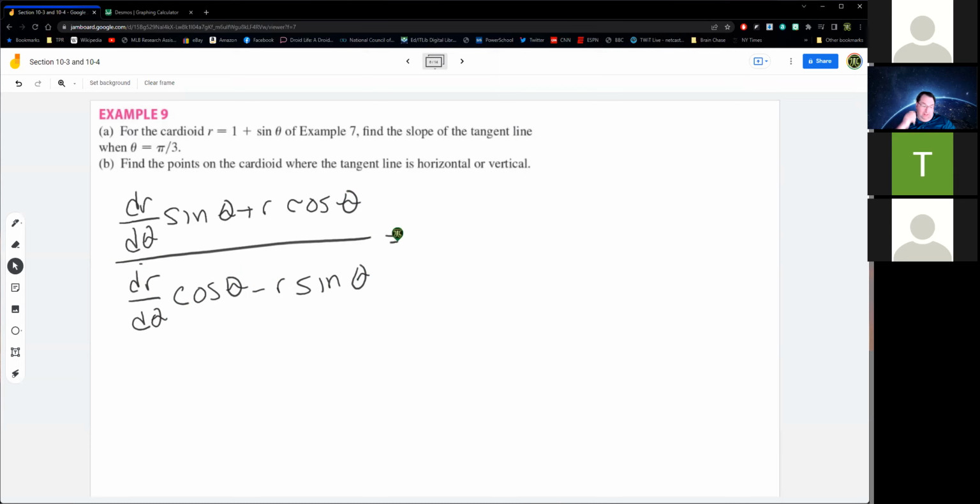So we have to find the derivative of 1 plus sine theta. So that's r, I need dr. So 1 plus sine theta, the derivative of that is going to be cosine of theta.